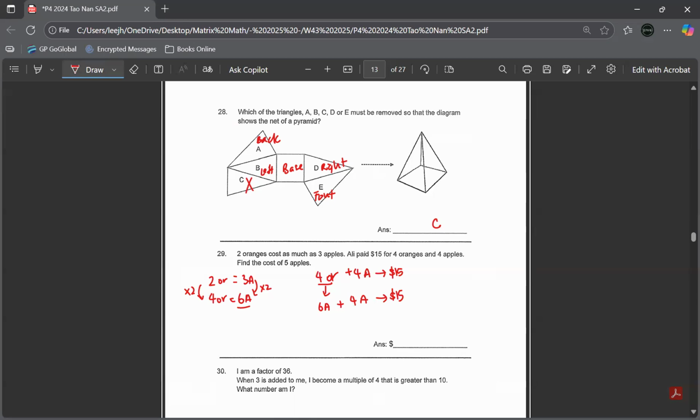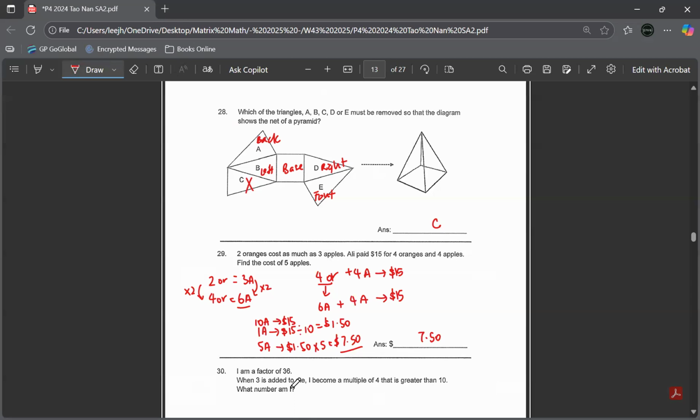So which means here, total, 10 apples is $15. Look for one apple, 15 divided by 10, $1.50. So I want five apples, right? So I take 1.50 times 5, $7.50.